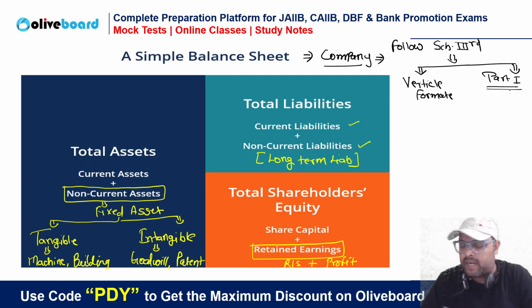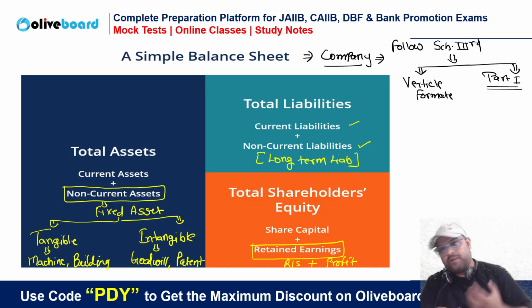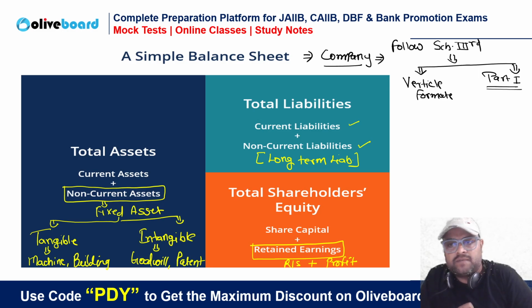Part 1 tells us the format of the balance sheet. So we have to follow Part 1 of Schedule III to prepare the balance sheet of a company. Other institutions may also follow Part 1, but it's not compulsory for them. They can follow a horizontal format of the balance sheet also.